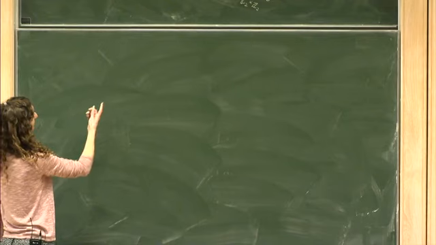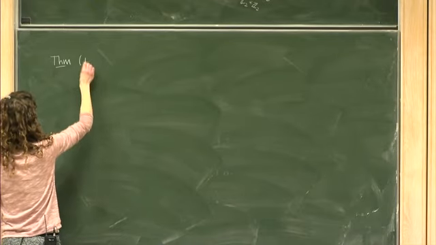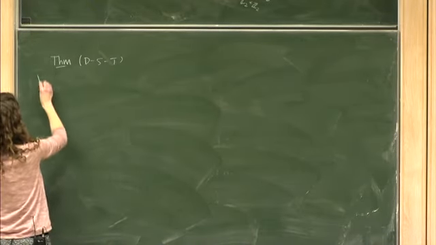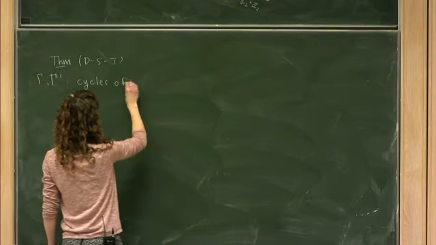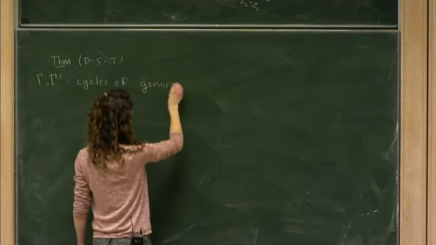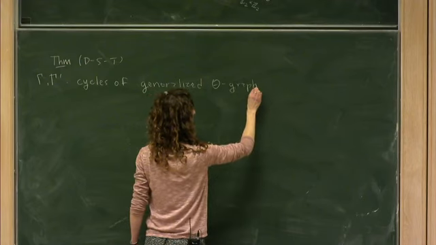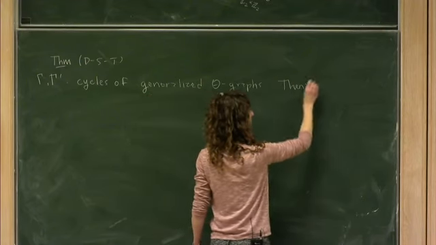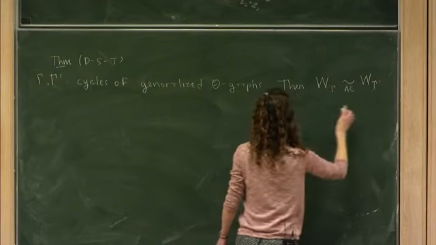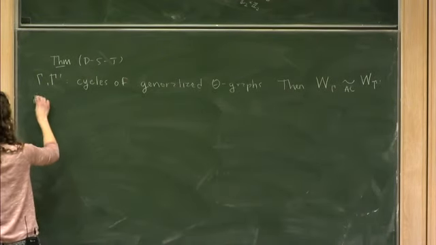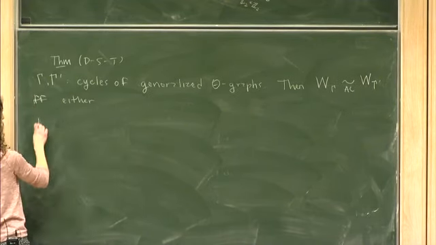So what is the commensurability classification within this class of right-angled Coxeter groups? If gamma and gamma prime are cycles of generalized theta graphs, then the right-angled Coxeter groups W gamma and W gamma prime are abstractly commensurable if and only if either one of two conditions holds.